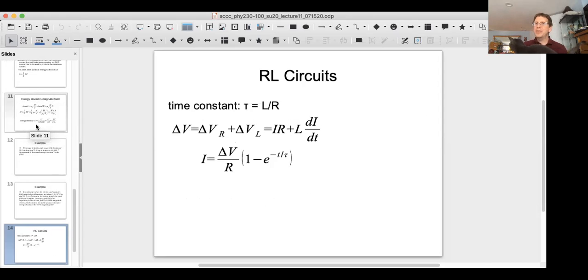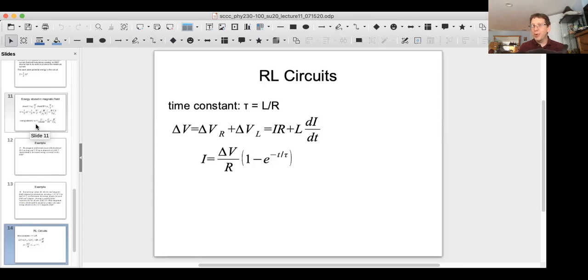And the last thing we talked about is RL circuits. An RL circuit is a resistor and an inductor in series. Remember for RC circuits, the input voltage ΔV is equal to the voltage across the capacitor, Q over C, plus the voltage across the resistor, which is R times dQ over dt.